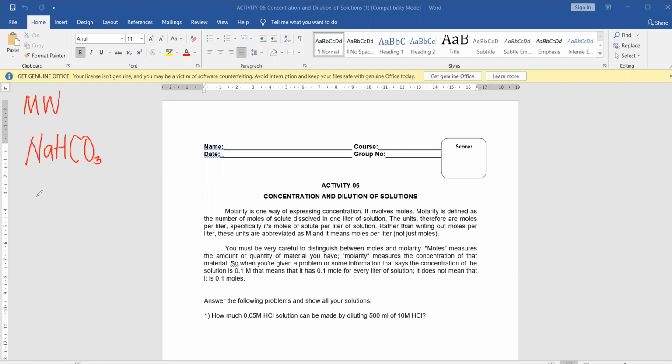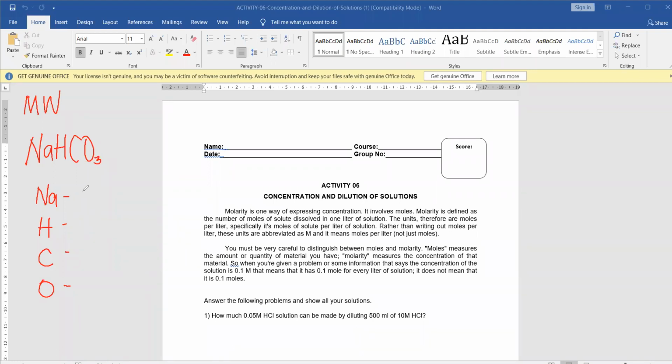So in this case, again, what is the first step? You have to list all the elements present in the compound. For this case, we have sodium, hydrogen, carbon, and oxygen. Yan, we have 4 elements for sodium bicarbonate. And then afterwards, you have to determine the number of atoms present in sodium bicarb, present for each element.